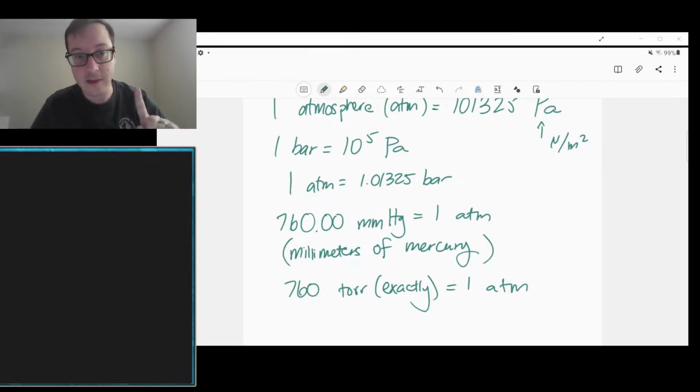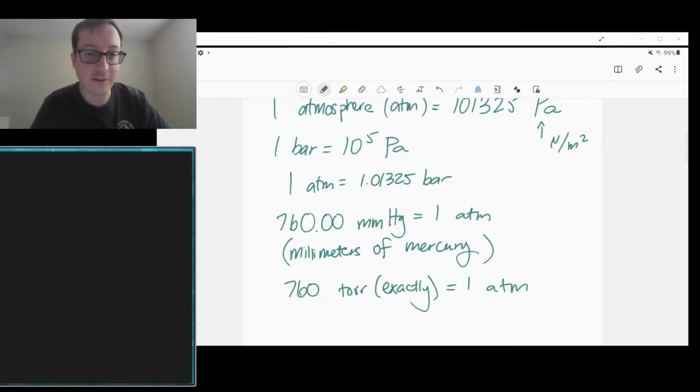That's not to say you're going to ignore sig figs, but when you're converting between atmospheres and millimeters of mercury, I don't worry about sig figs for that conversion. You still need to use your sig figs for your actual calculations and your problems, but in theory, an atmosphere is not exactly 760 millimeters of mercury, but it is exactly 760 torr.